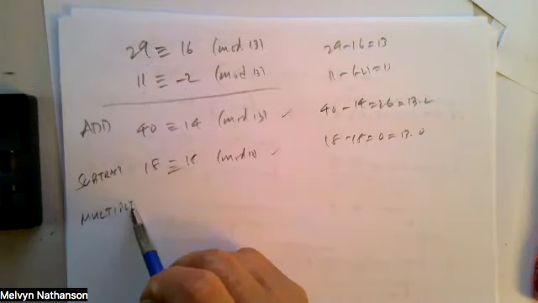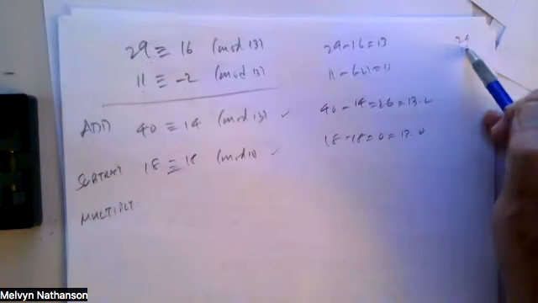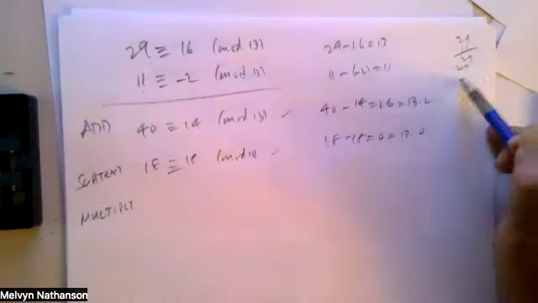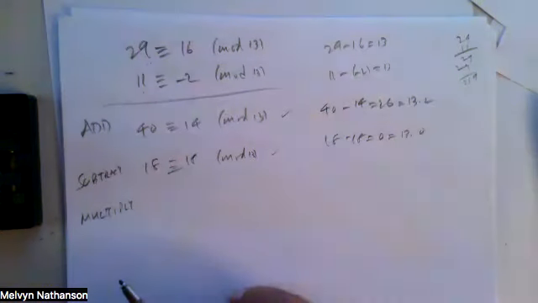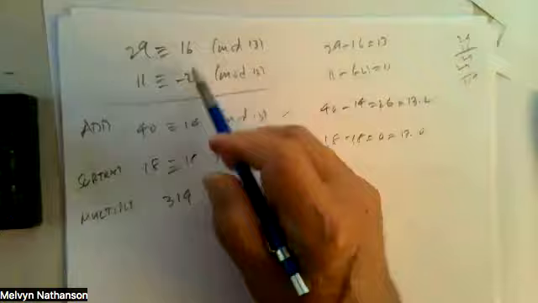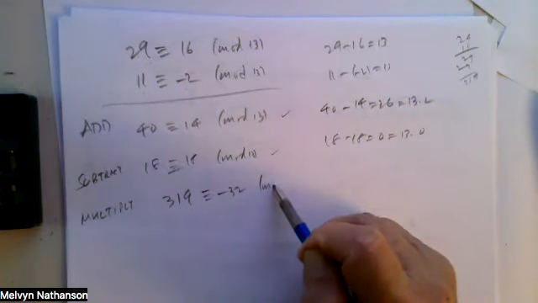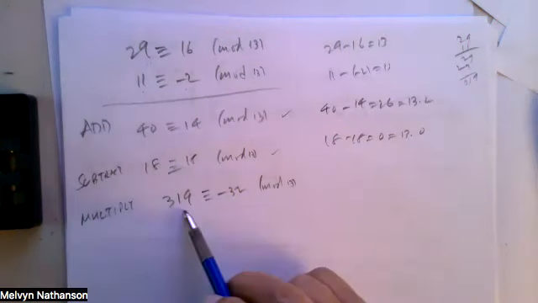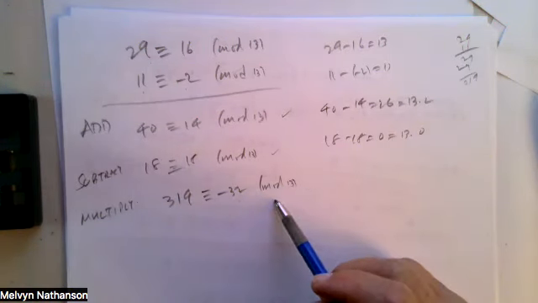Can I multiply the congruences? Let's see, what is 29 times 11? 319. What is 16 times minus 2? Minus 32. Is 319 congruent to minus 32 mod 13?